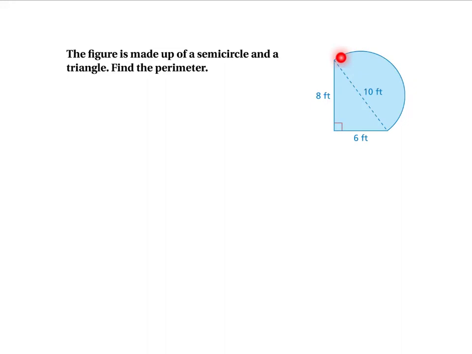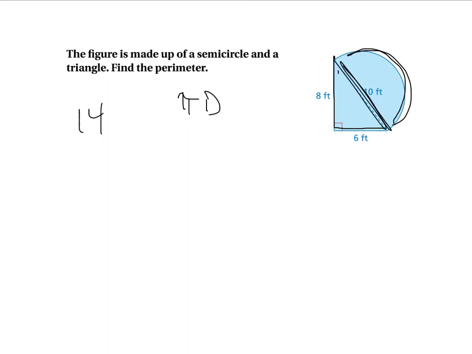So first two things, obviously 8 and 6, I have 14. That is the perimeter of this. Now I need to find this part of it. Pi, remember, is 3.14. And to find the circumference of a circle, we multiply pi times d. Well, d is given of 10. So I'm going to multiply 3.14 times 10, and I'm going to get 31.4.